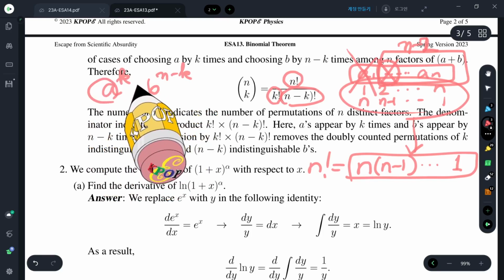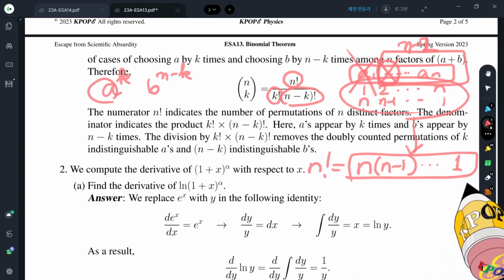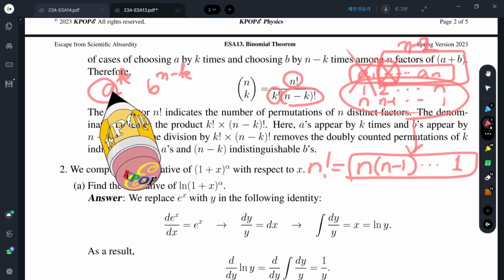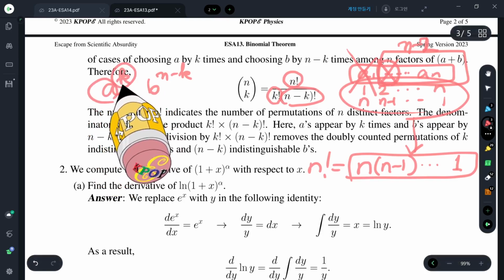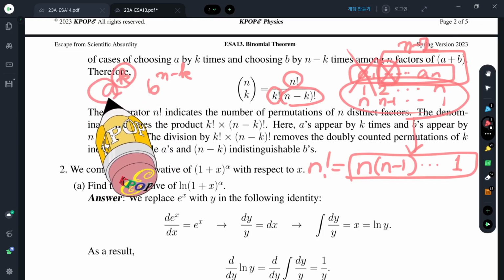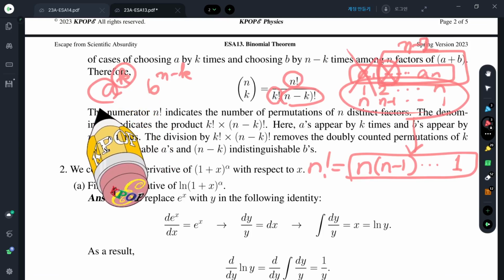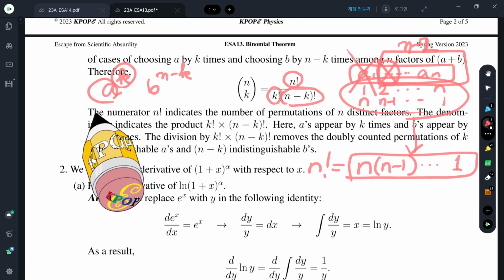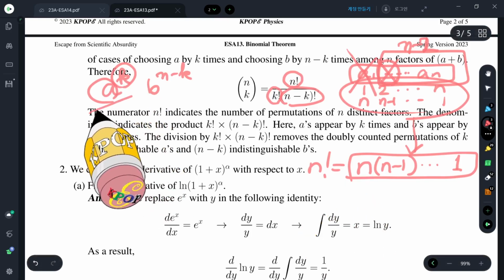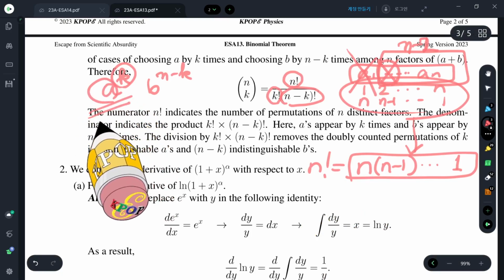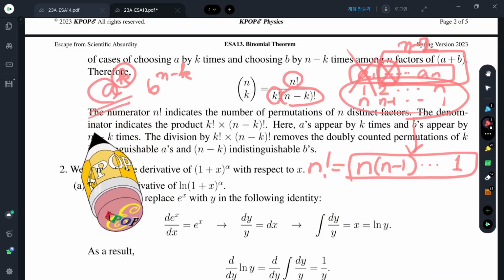If they are all distinct, this is true. However, I have the same factor A k times. So I have double counted the permutations of these A's.